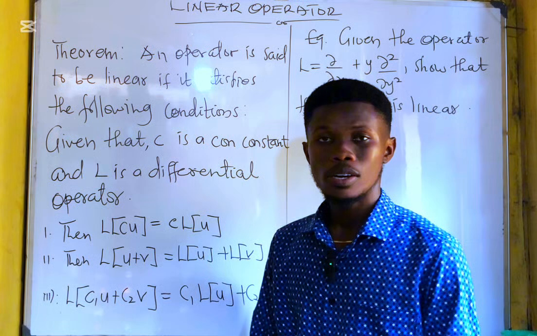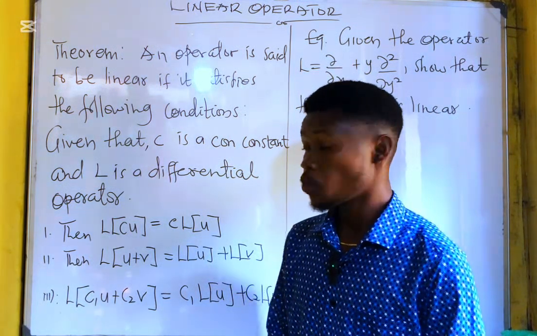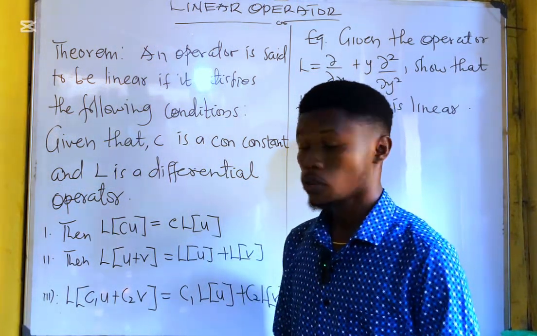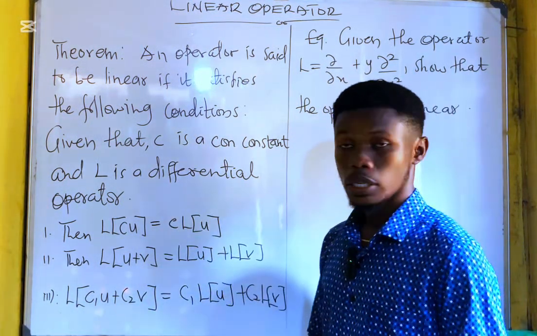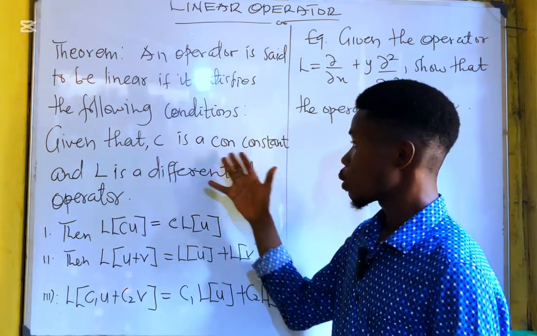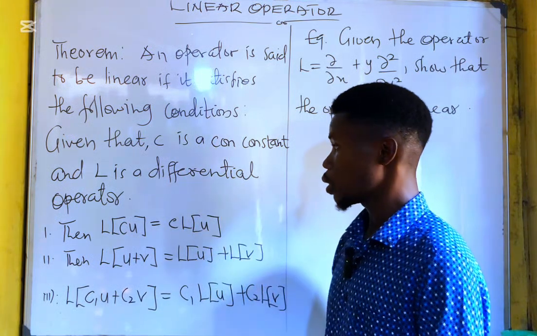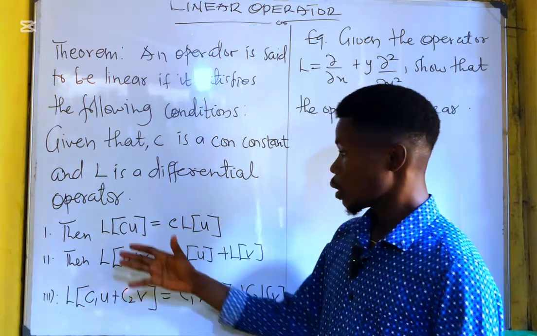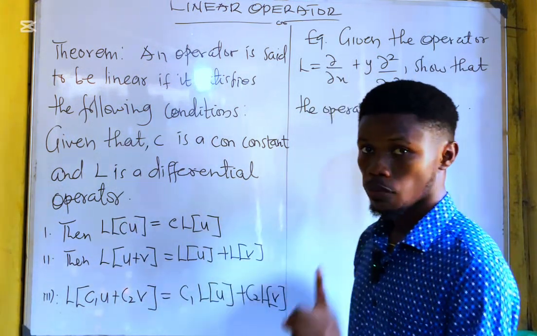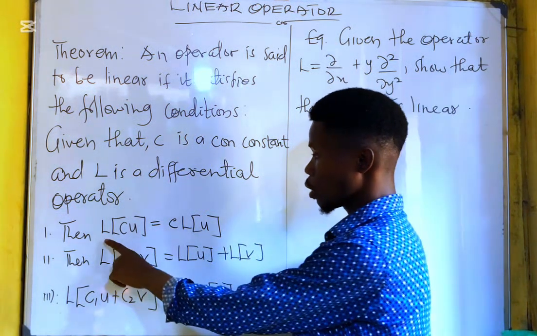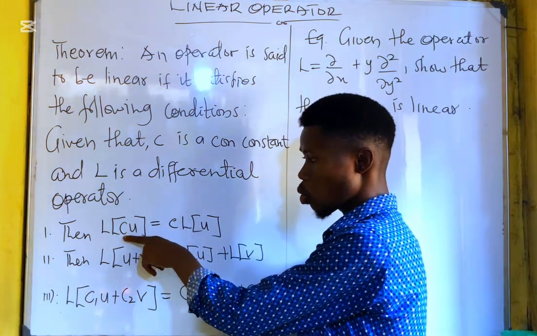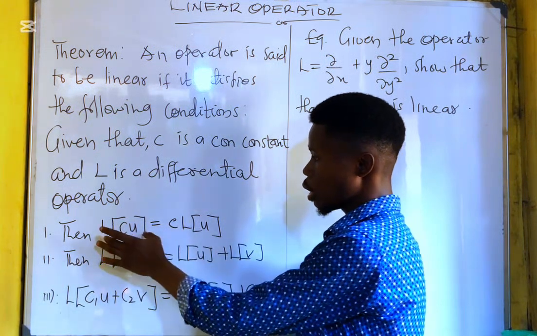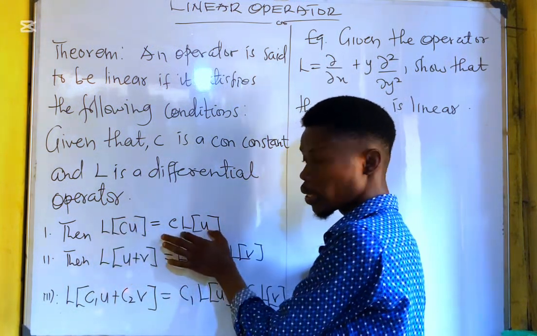Now let's look at this one. For a function or operator to be linear, it must follow this theorem, or this condition: given that C is a constant and L is the differential operator, then this should happen. The first condition says that the operator operating on this function U with a constant C gives this.